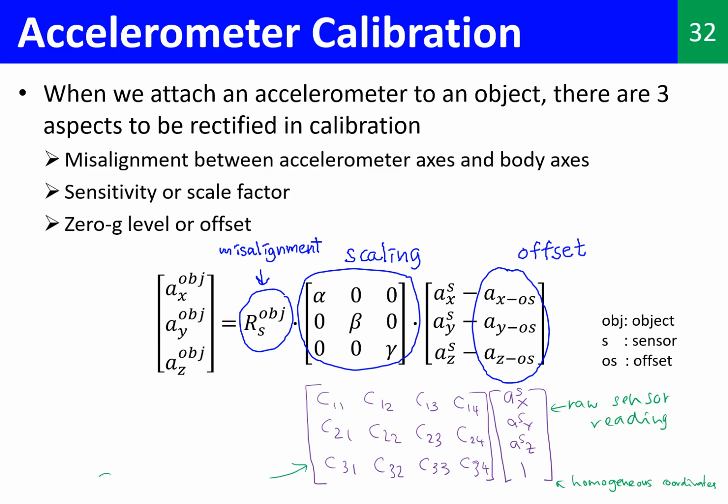This is our calibration matrix, and please note that now it has become 3 by 4. So this 3 by 4 calibration matrix will transform the raw accelerometer readings to the corrected output. Understood?